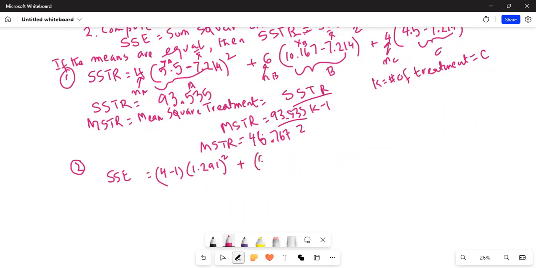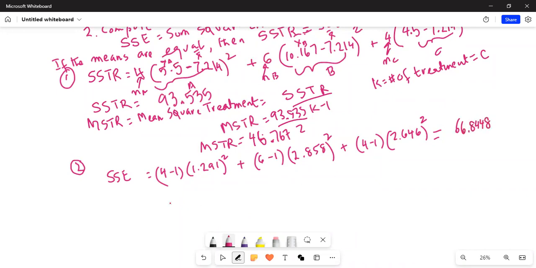Next one, sample size 6 minus 1 multiplied by the variance, which is the square of the standard deviation, 2.858 square, plus the next one, sample size 4 minus 1 multiplied by variance, which is standard deviation square, 2.646 square. And this works out to 66.8448.